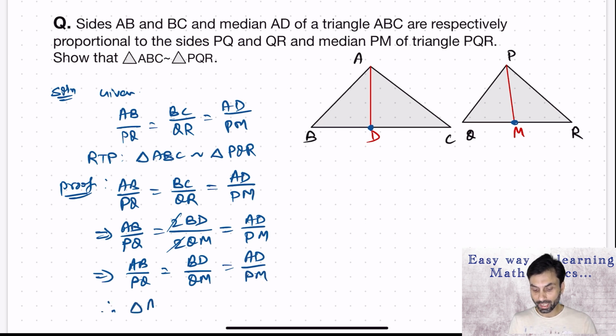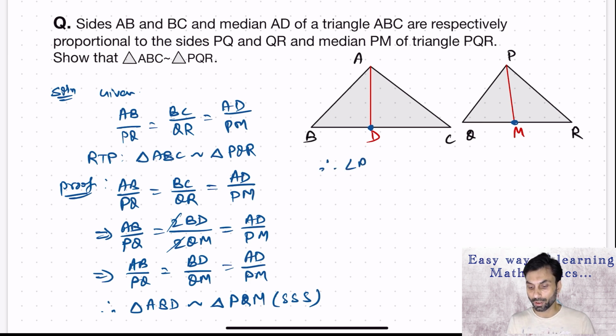This means we can say that triangle ABD is similar to triangle PQM by SSS similarity criteria. And since these two triangles are similar, therefore angle B equals angle Q.